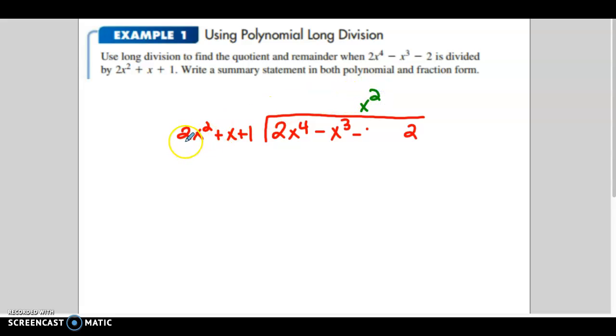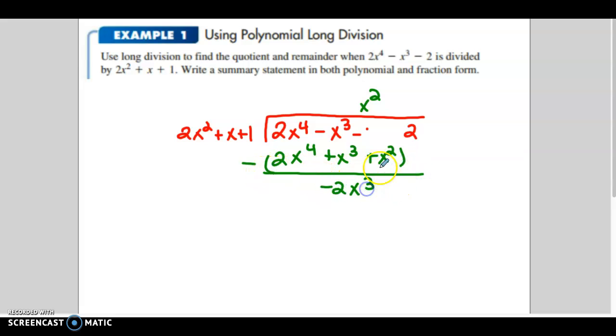We're going to multiply 2x squared by x squared, and we get 2x to the fourth plus x cubed plus x squared, and we're subtracting that, so all of those become the opposite. So we end up with negative 2x cubed and then a minus x squared.